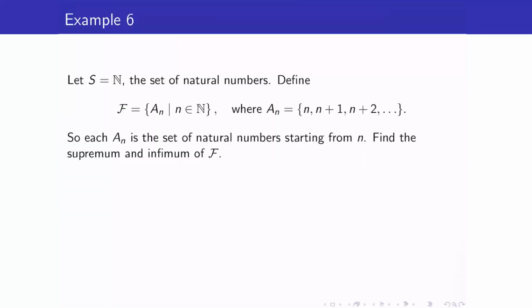So for instance, we have the set of natural numbers and we have this F here. F is a family of sets, a set containing sets. So just for you to imagine, let's write it here. A1 is 1, 2, and actually it's the entire set N, right? A2 starts with 2.